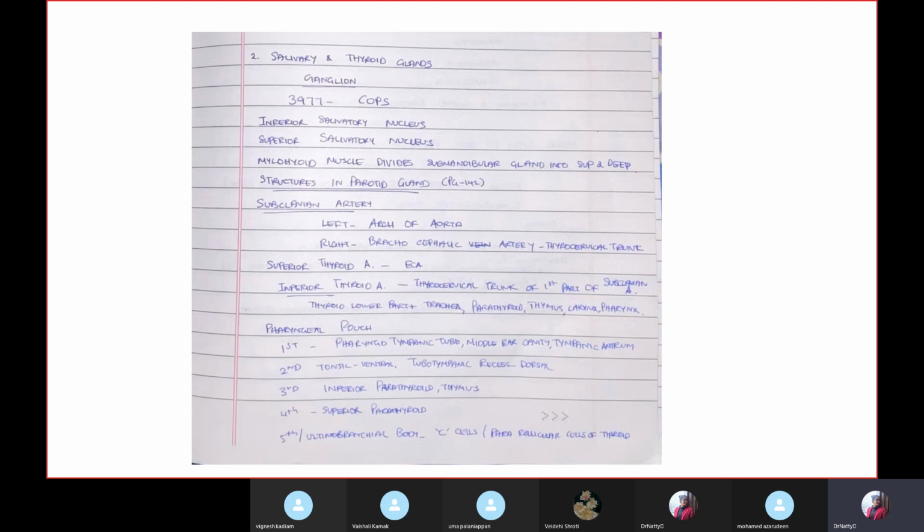Before knowing the 3977 numbers, you should be very, very thorough with the cranial nerve numbers. We have 12 cranial nerves: olfactory, optic, oculomotor, trochlear, trigeminal, abducent, facial, vestibulocochlear, glossopharyngeal, vagus, accessory, and then hypoglossal.